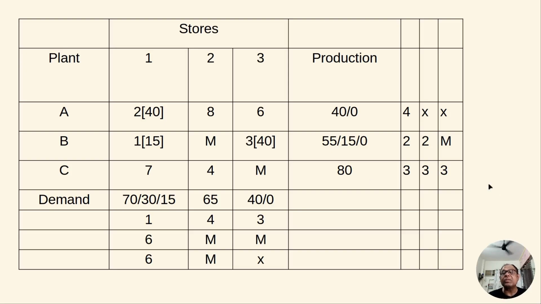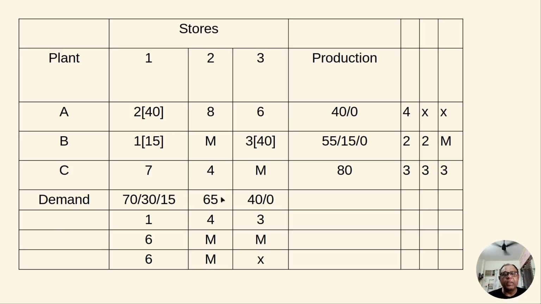Why? Because we have only 1 row and 2 columns. Now we have only 1 last row remaining which needs to be allocated to stores. It would be allocated to those stores which have unmet demand, and it can be allocated only at the cost where the row and the column meet.